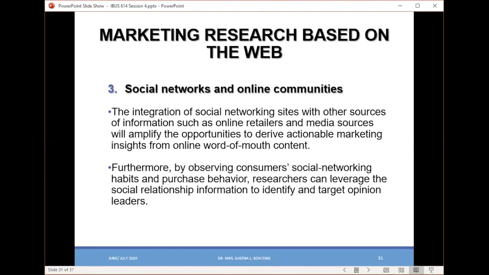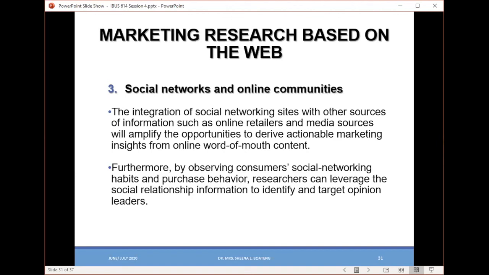Social networks and online communities, like I mentioned earlier, are also another good example. If a firm sets up a social media page or sets up an online community, they have a rare opportunity of getting to see what is in the minds of their consumers, because consumers online share a lot of information via word of mouth.